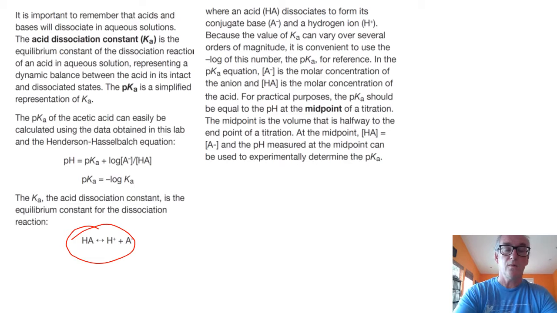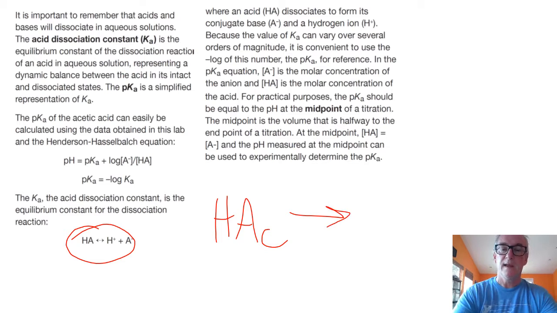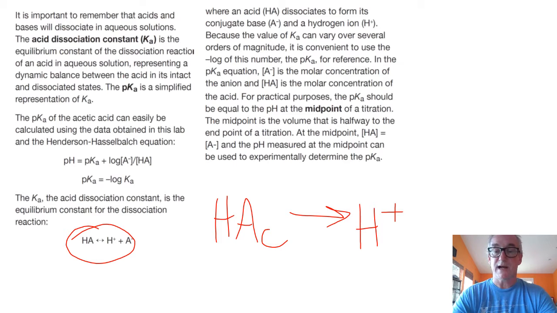Now, we know that if I put acetic acid in some water, I'm going to get some protons, or hydrogen ions, or hydronium ions, whatever you want to call them, and some acetate. The problem here is this is a weak acid.